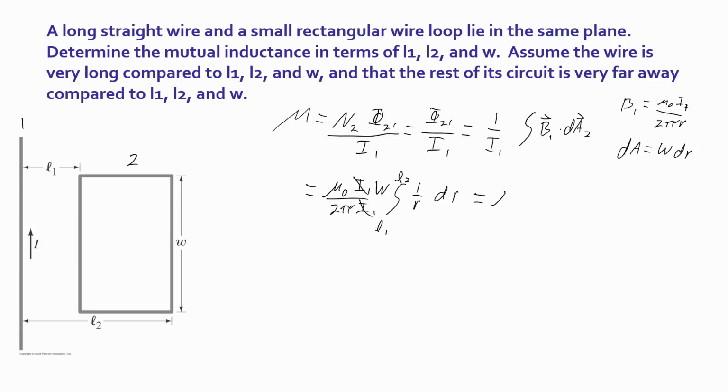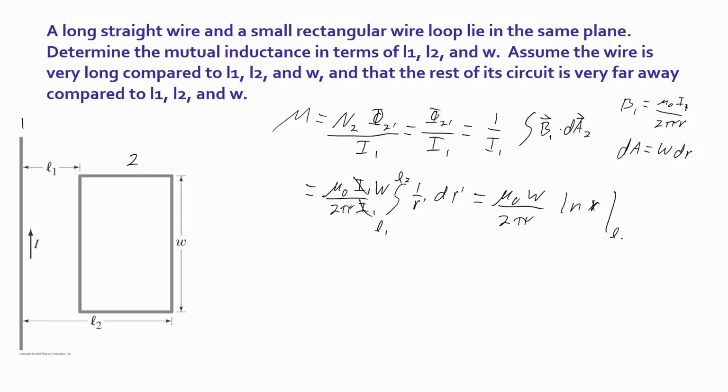So this works out to be mu naught w over 2 pi. The integral of 1 over r is going to be the natural log of, well, I'll just call it x, and then plug in my limits. I guess I should have used a dummy variable like r prime or something, and then this would have been ln of r.